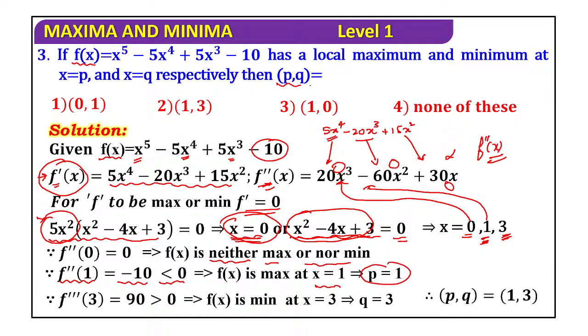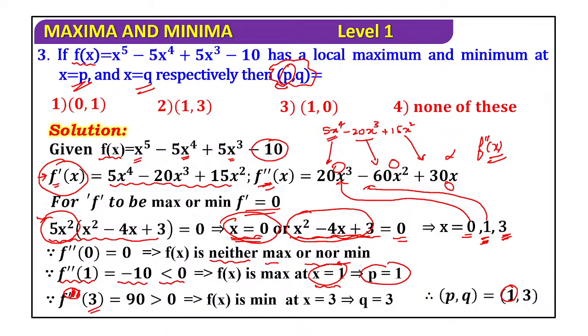See this. I have given this ordered pair. So x is p, another x is q. Clear? So first we got the x value as 1. That is nothing but p. So I will write it here in the ordered pair. Next, this is not triple dash, this is double dash. This is f double dash. So f double dash of 3, that is the second term.